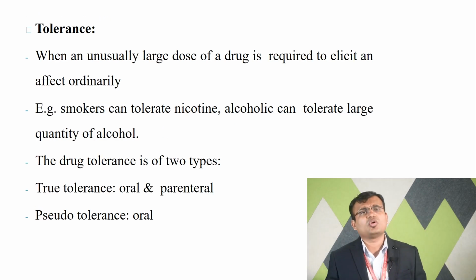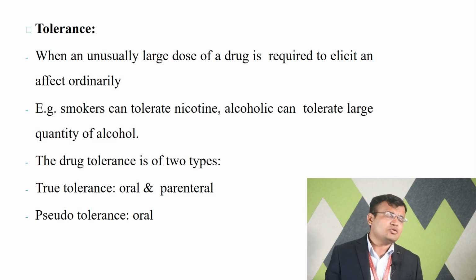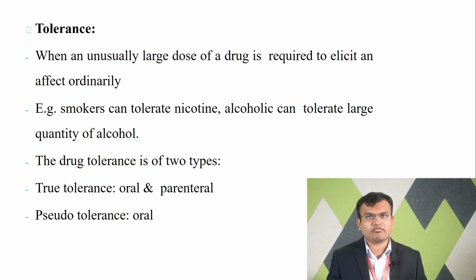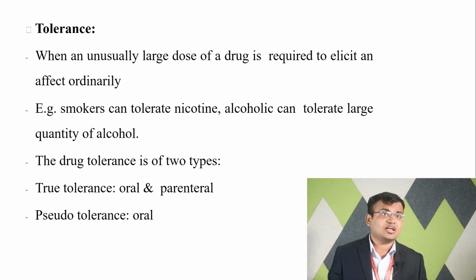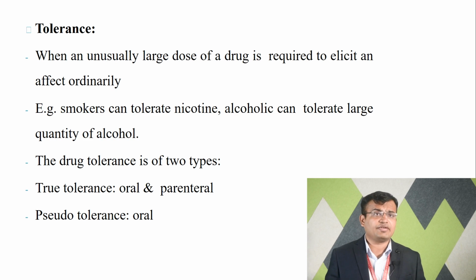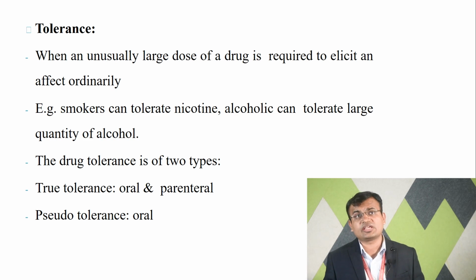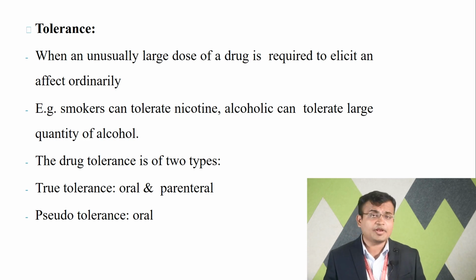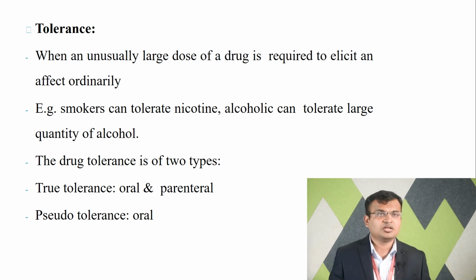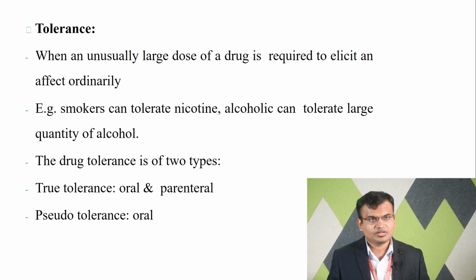Next, we can call it tolerance. It is another factor. When an unusually large dose of a drug is required to elicit an ordinary effect, then this is called tolerance. For example, if a particular drug is given for a long period of time, bombarding a particular receptor, then in this condition it may be called tolerance.